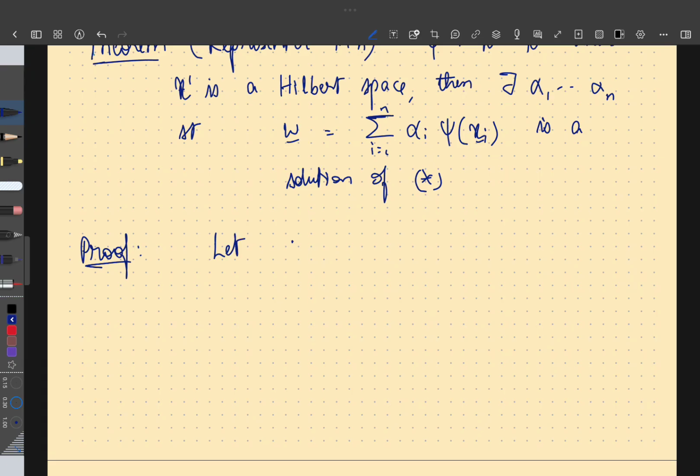All right, so let's say that W star is any arbitrary solution for the minimization problem. Let's define W to be the orthogonal projection down to the space that is spanned by the embeddings psi of x1 through psi of xn.